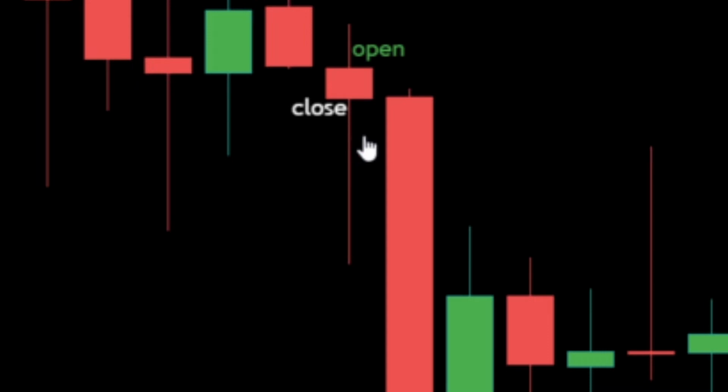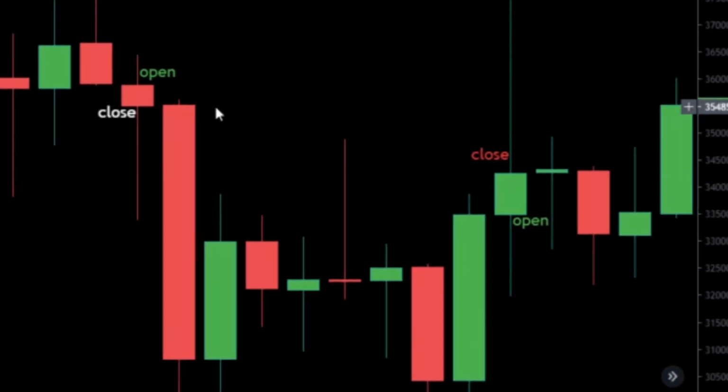You get that? Open here, goes up, bottoms out, closes here. The opposite of our green candle, where it starts here, goes down, up, back. That's candle basics. That's as basic as it gets.